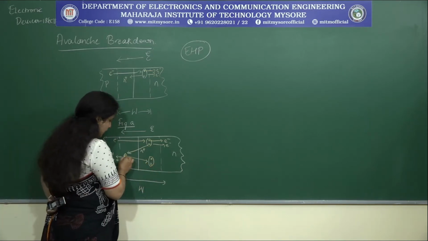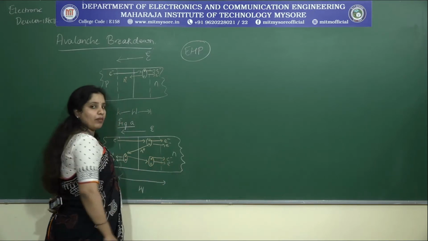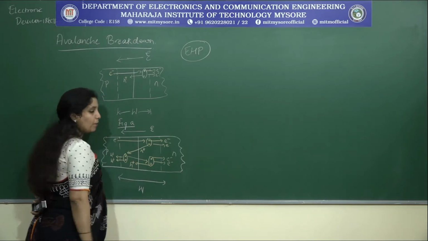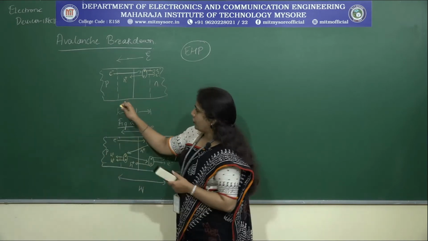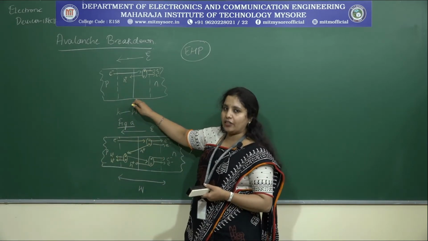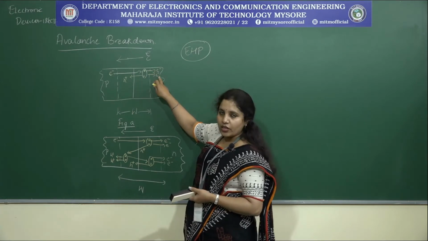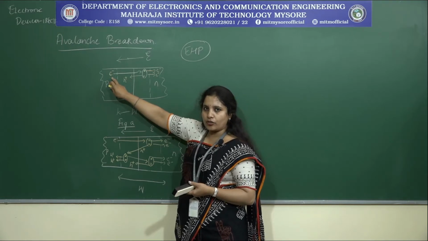As a result, this electron and this electron will move towards the N-type material, and this hole is swept across to the P-type material. When the reverse voltage is not that great, these are the number of carriers generated because of the increase in the kinetic energy of a single electron.